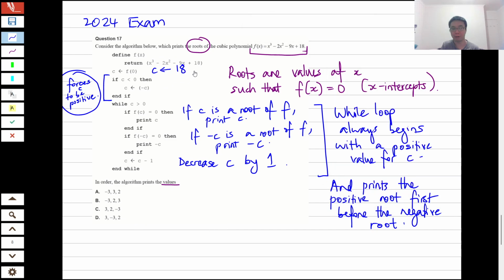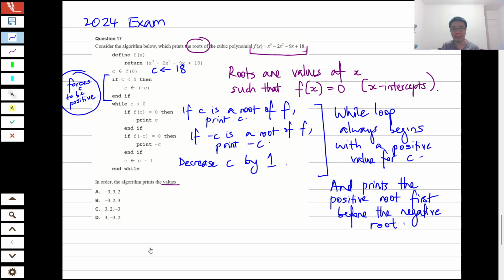So this function is going to start at 18. It'll try 18 and minus 18, but it'll print nothing. Then 17 and minus 17, 16 and minus 16. It's going to do a whole lot of nothing.